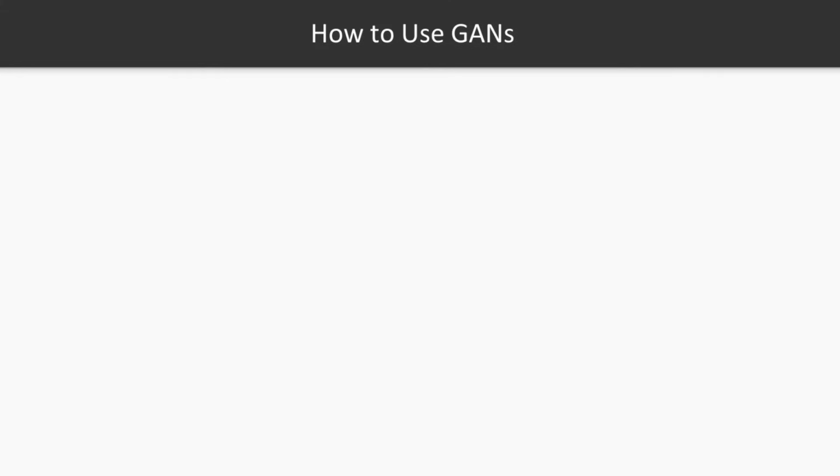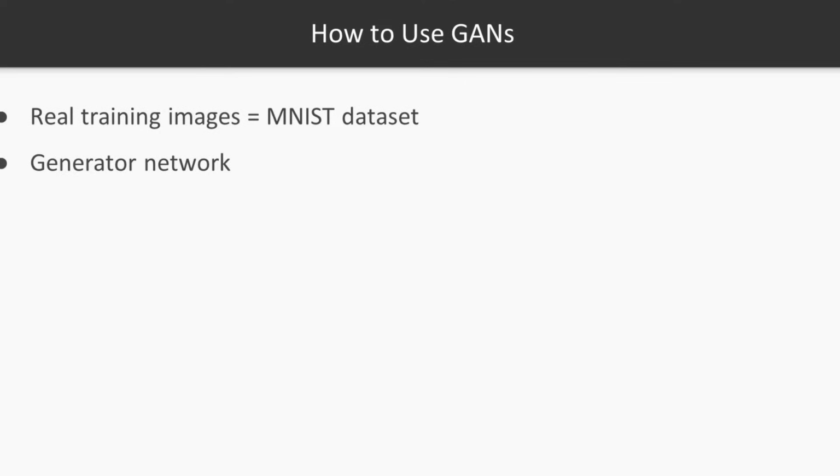In order to use GANs, we need to have the following: real training images, which is the MNIST dataset here in this example, a generator network that takes in a random noise vector and produces a synthetic image, a discriminator network, which is a convolutional neural network, or CNN, that learns to distinguish between real and synthetic images.